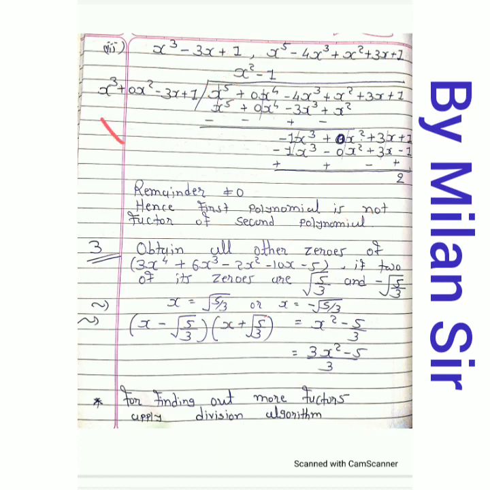So this fourth term we need to multiply with x square, means our answer. So x cube into x square, x raised to 5. Then with second term, means with 0. So it's a 0, x square into x square, x raised to 4. Then with third term, means with minus 3x.